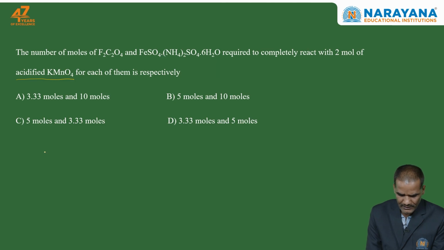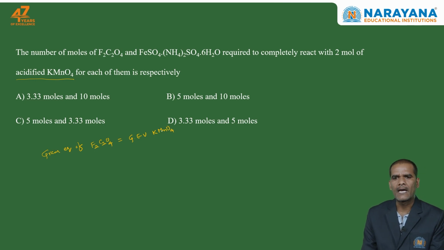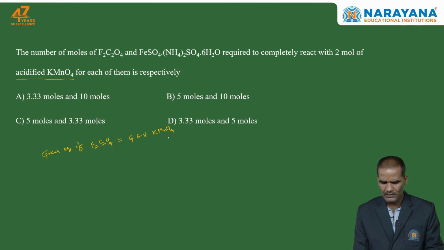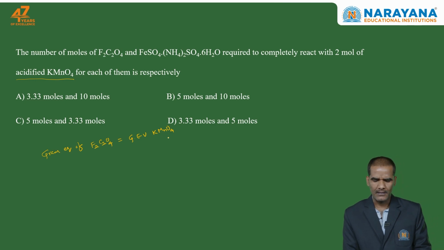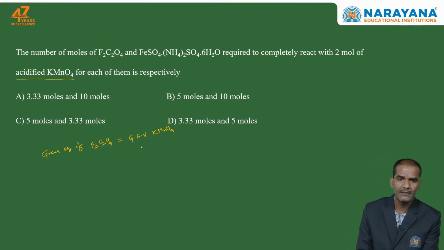According to the law of equivalence, the gram equivalence of ferrous oxalate should be equal to the gram equivalence of KMnO4. Here no need to balance the reaction, we can just take the equivalence of ferrous oxalate equal to the equivalence of potassium permanganate in acidic medium.